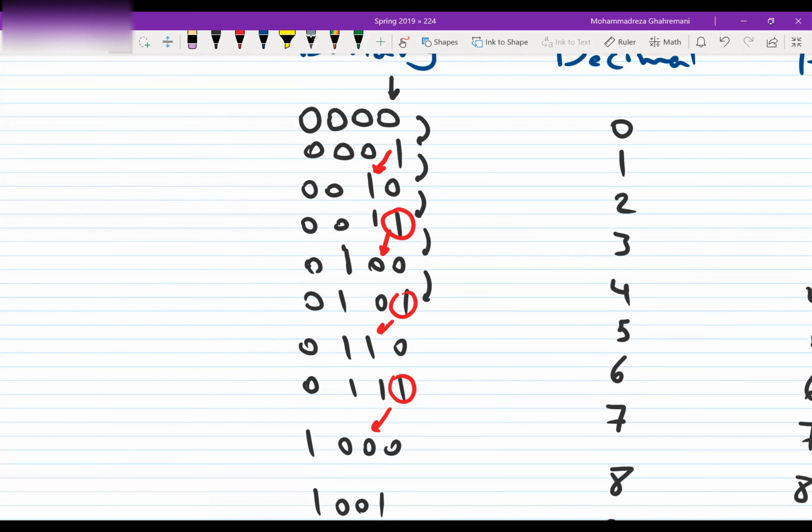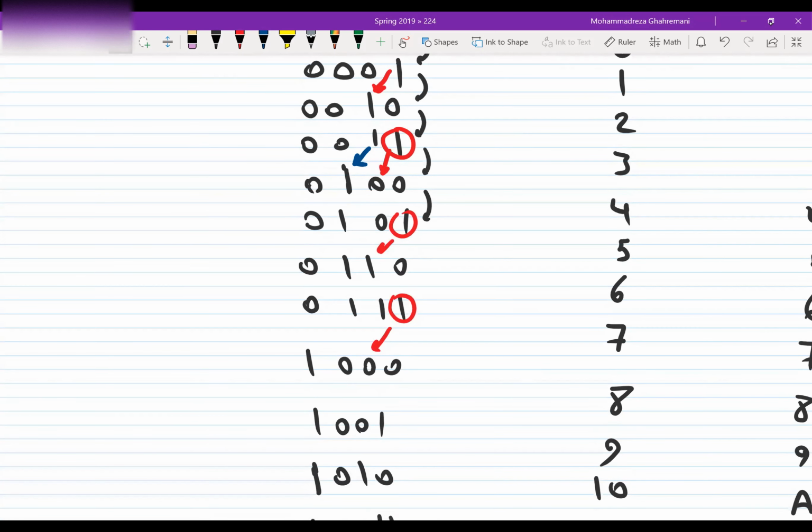The same thing for the third digit. Every time the second digit changes from 1 to 0, the third digit changes. At this number, the second digit changes from 1 to 0, so the third digit changed.